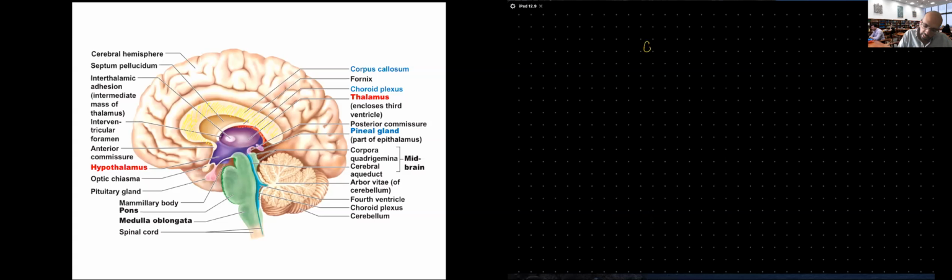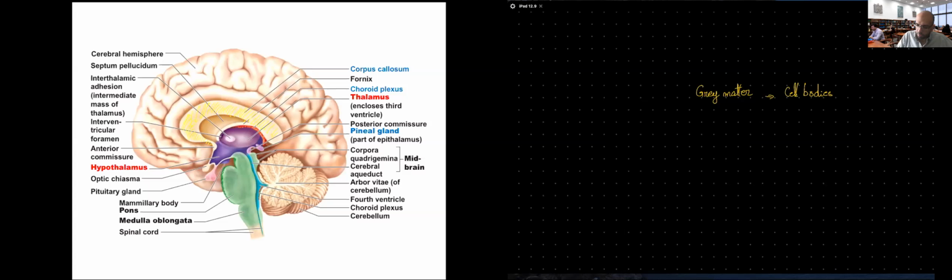Gray matter, in any part of the central nervous system that we're going to discuss, is going to be the part that is formed of the cell bodies of the neurons and unmyelinated nerve fibers, or the axons.